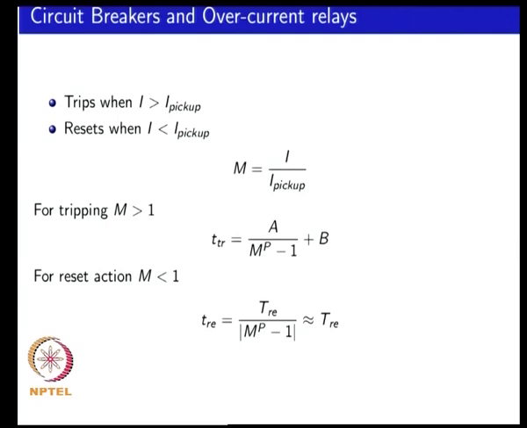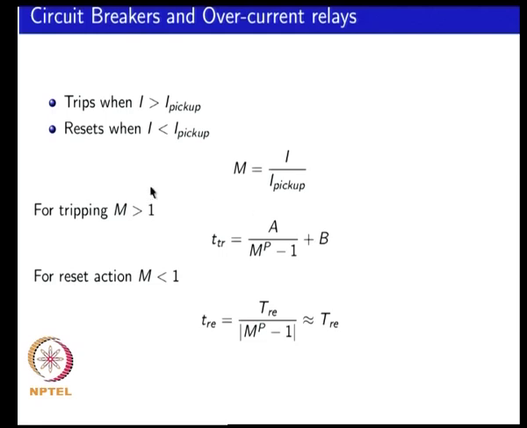If your current is below your pickup current level, you will have reset action going on in the breaker. And you can define a ratio m between your actual current and your pickup current, and depending on this ratio, your circuit breaker would operate with a given speed.